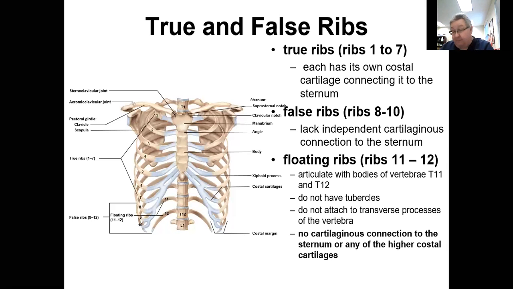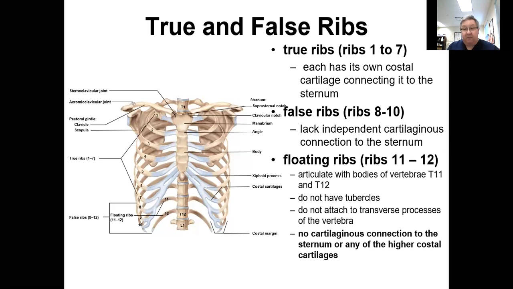The diaphragm has an origin on ribs 6 through 12. In between the ribs, there's those intercostals between the ribs. Well, the internal and external intercostals come from the ribs.